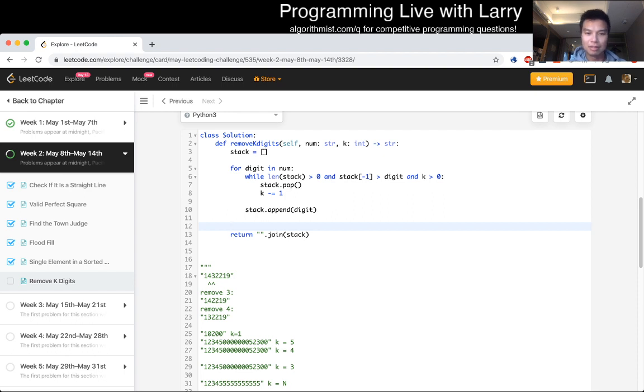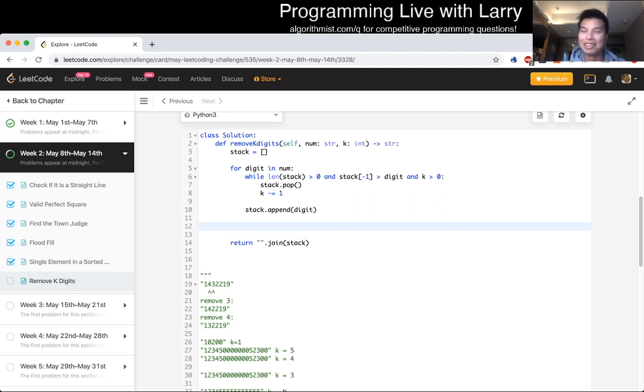I'm just trying to think about what's a clean way to do it, because stack is a list in Python, and removing from the front of the list is annoying.